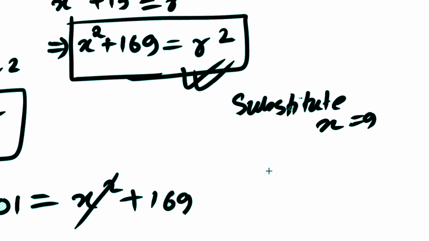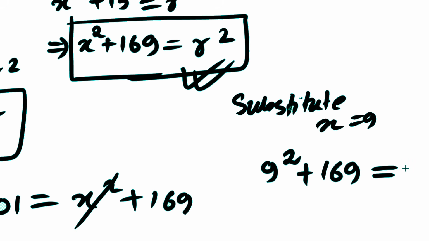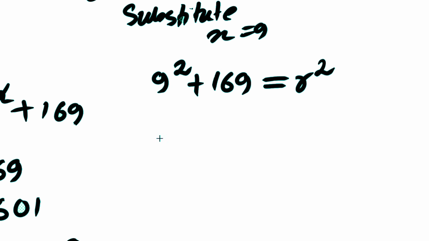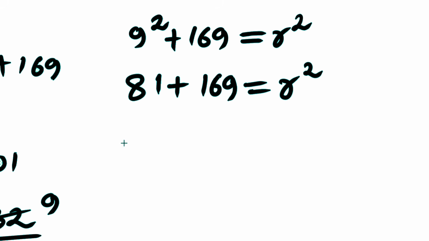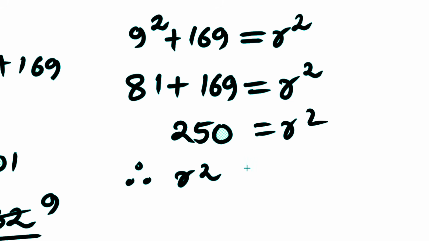This gives us 9 squared plus 169 equals r squared. 9 squared is 81, so we have 81 plus 169 equals r squared. Adding those two numbers gives us 250. Therefore, r squared equals 250.